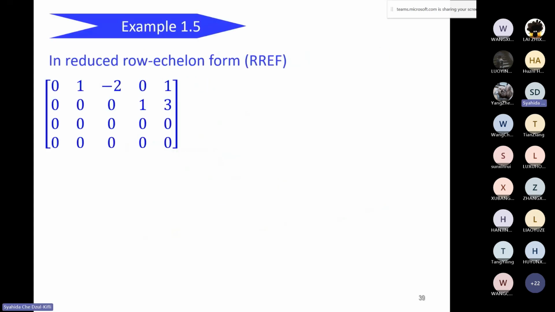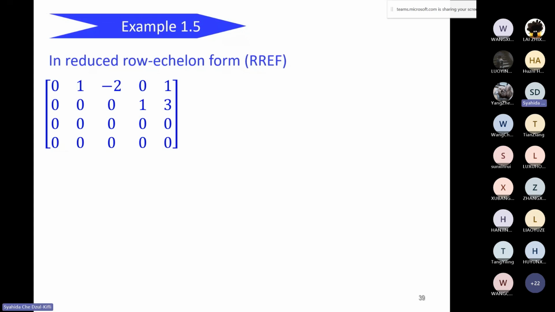So, this example of a matrix is in reduced row echelon form, RREF. Why? What is the first property? The first non-zero number must be 1, right? In the first property, we have to look at every row.